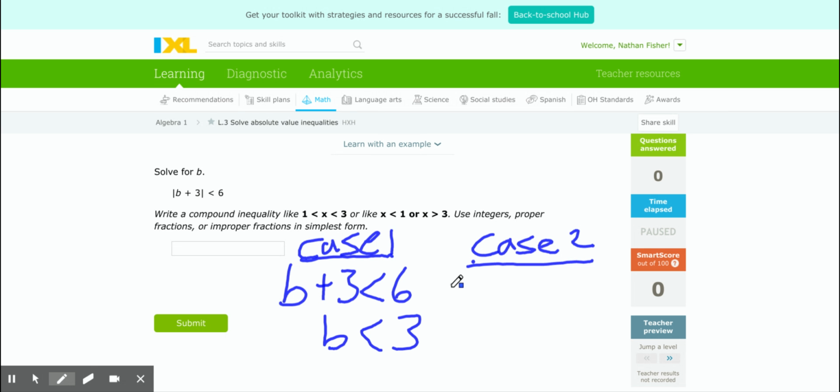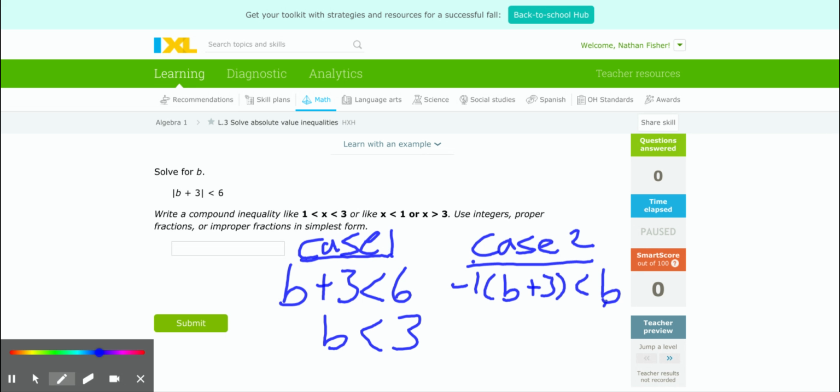However, with case 2, everything's going to be the same except I'm going to distribute a -1, or at least multiply everything by -1 on the left-hand side to take into account that flip that we talked about before. This should be a 6, not a b at the end here.